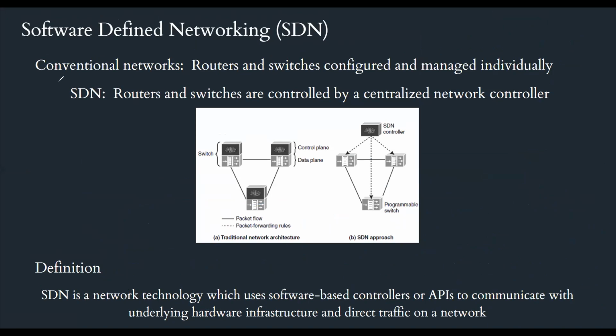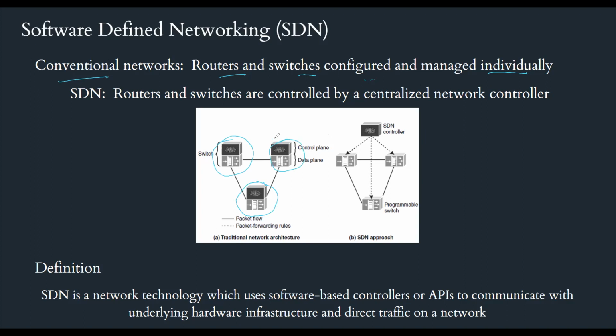In conventional networks, the routers and switches are configured manually, individually, and the routers and switches manage their data transmission individually. They individually think what is the next best path or next best route to forward the information along, right? So each switch will make decisions at its own location, right?